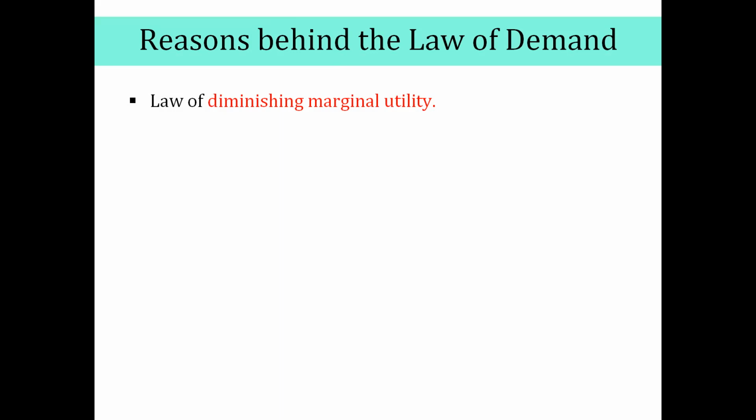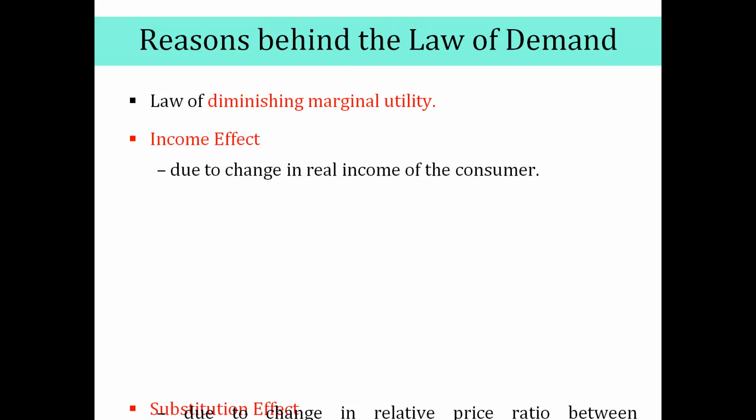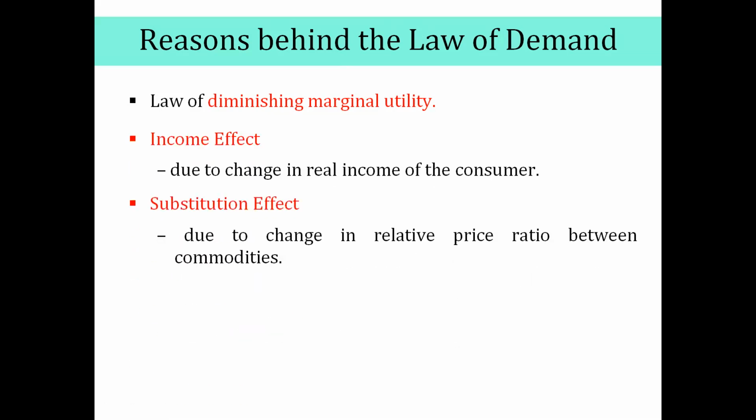So because of the law of diminishing marginal utility, there is an inverse relationship between price of a commodity and quantity demanded of it. And this explanation is from the point of view of utility. But the other most important reasons behind the law of demand are the income effect and the substitution effect.